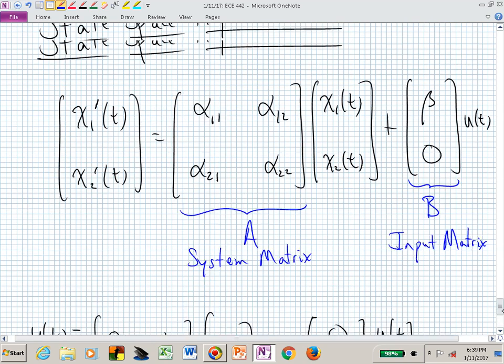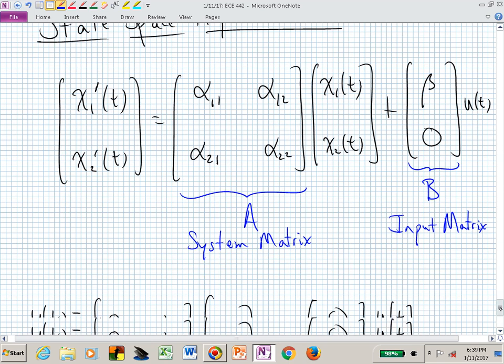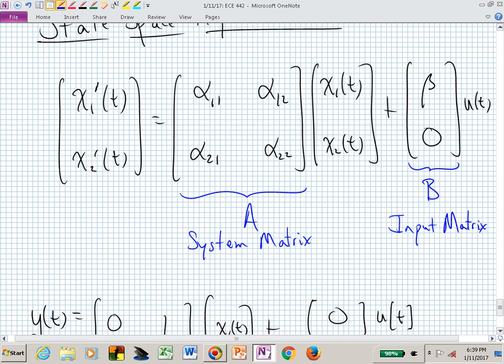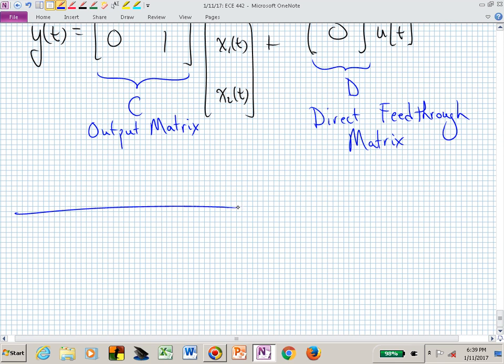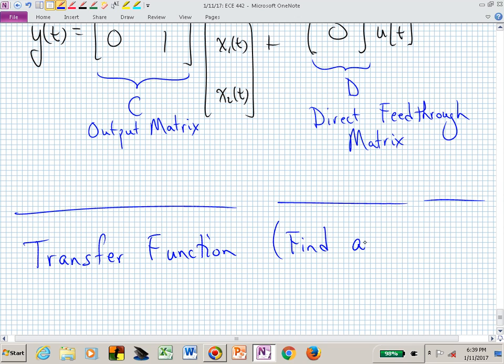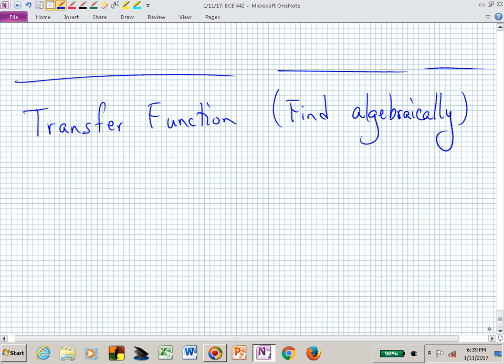But how do we take this state space representation and get it into the transfer function? We could go back to the block diagram and find our transfer function from the block diagram.